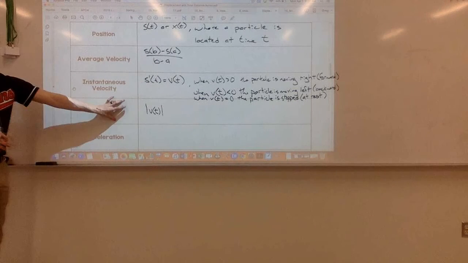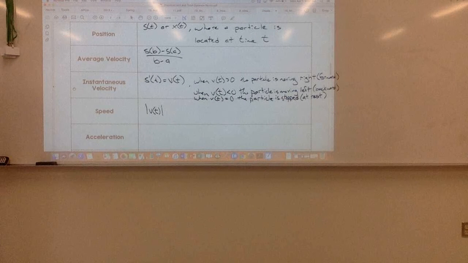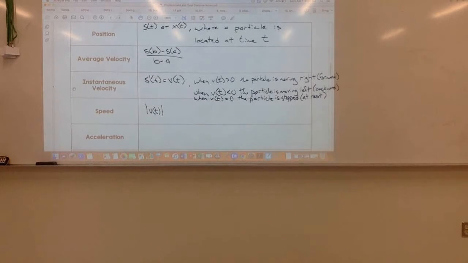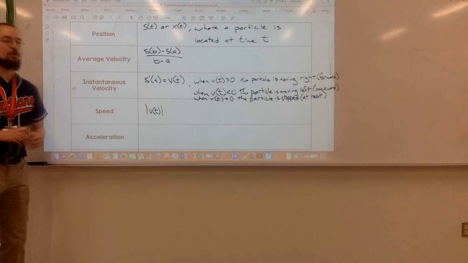But first, on speed, we talked about ways to determine whether something was speeding up or slowing down. Do we remember how to determine those?